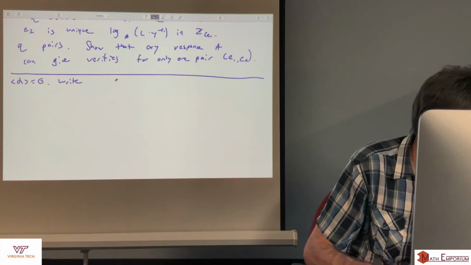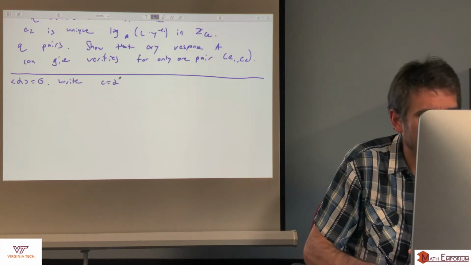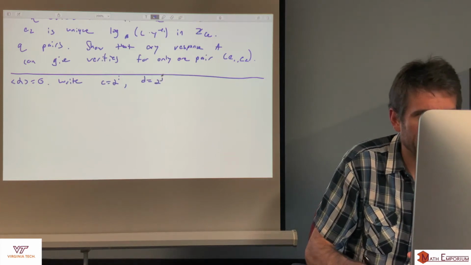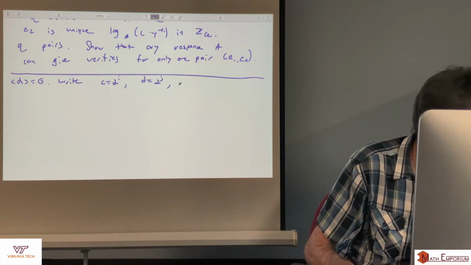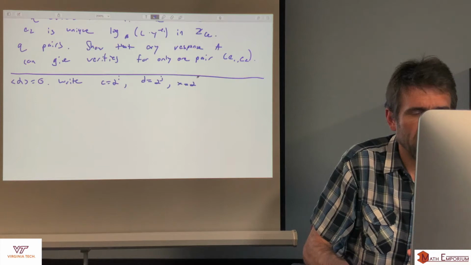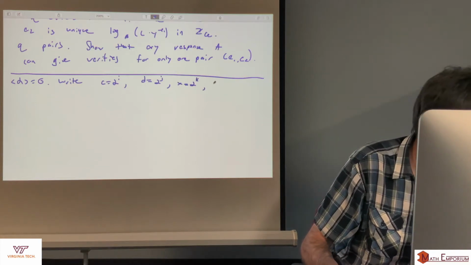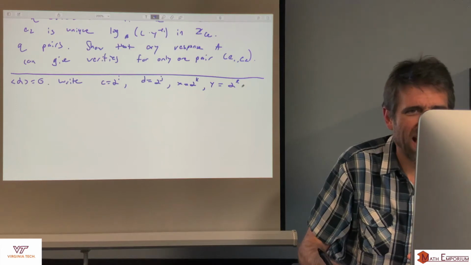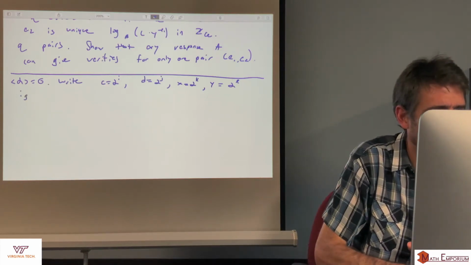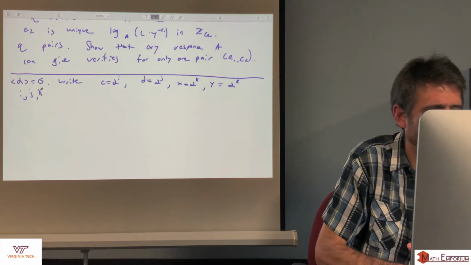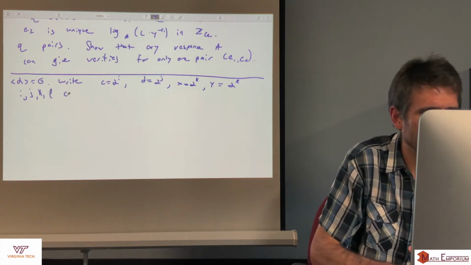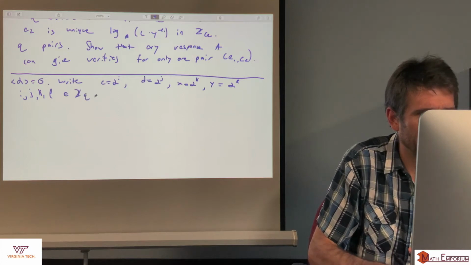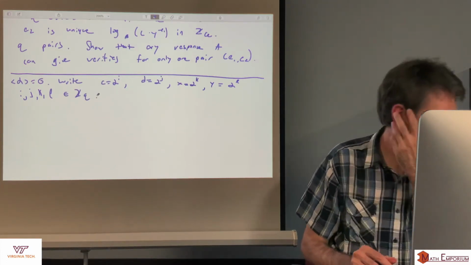So I'm going to write c is alpha to the i, d is alpha to the j, x is alpha to the k, and then y is alpha to the l. And these things, i, j, k, and l, are all uniquely determined from the fact that the order of alpha is q, so they're uniquely determined in Z mod q.